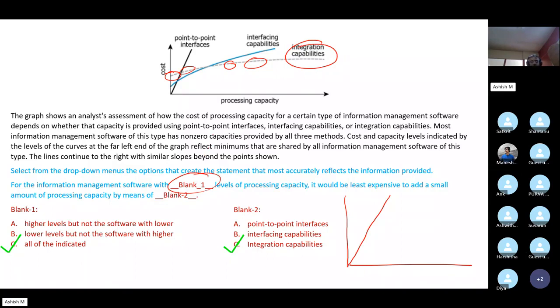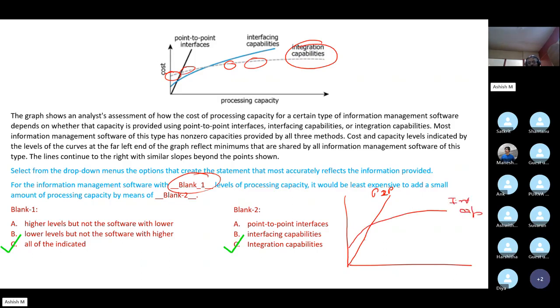Vishwanath, that's what I'm actually going towards. Just hear me out. Let us say this was P2P, and this obviously is integration capabilities.